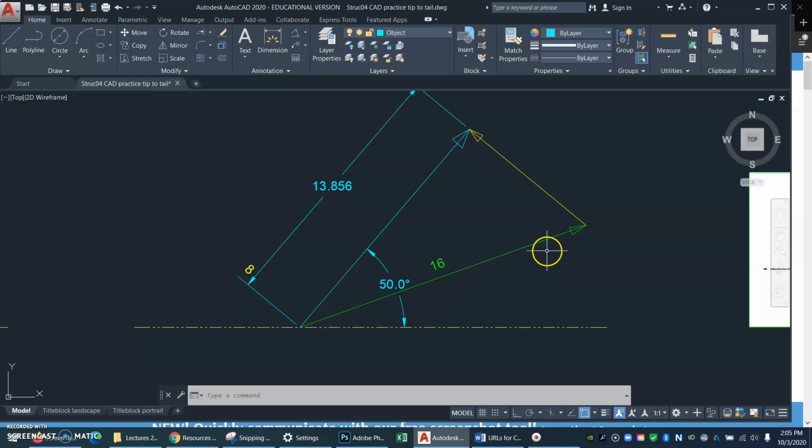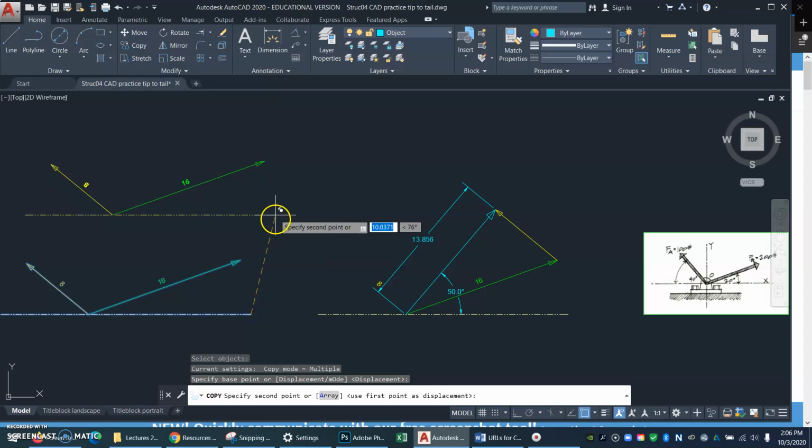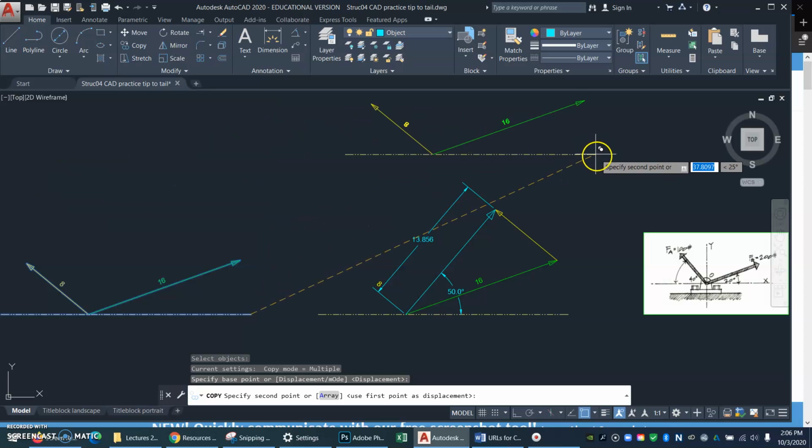Now I got that by doing tip to tail in this order. I could have gone in a different order. Let me try a different order. I could make a copy of these guys. I'll come up here.